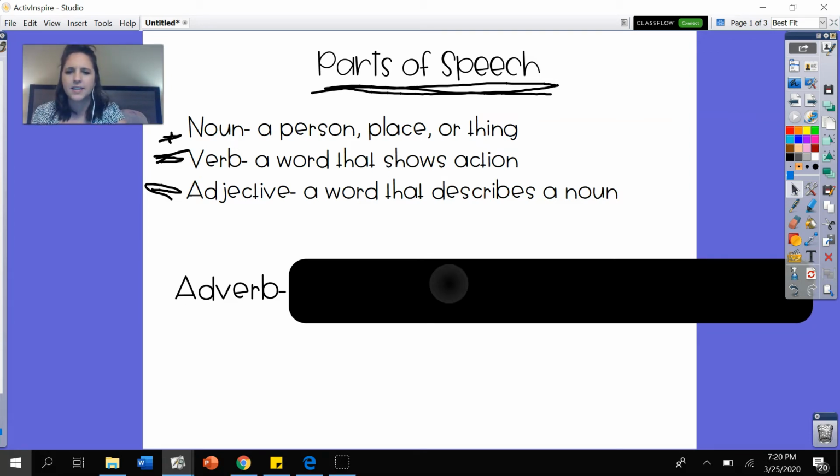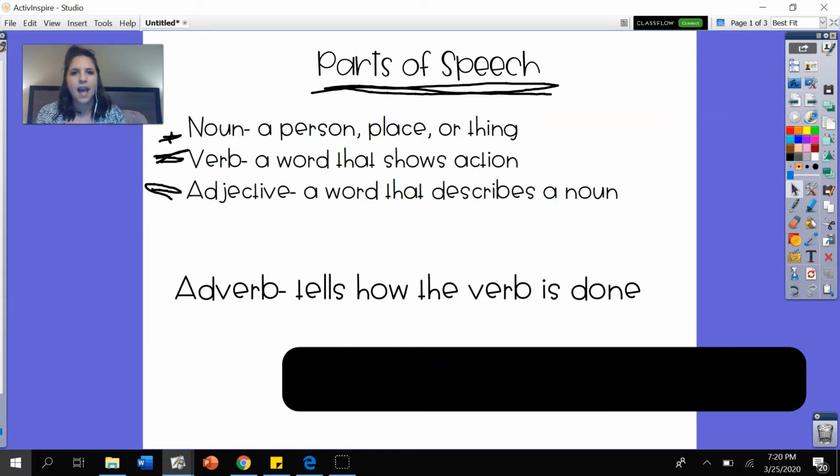Let's see what it says. Tells how the verb is done. Wait a minute. So what it's telling me is that an adverb is a word that describes how a verb is done. Okay? So it kind of is like an adjective and a verb mixed together.